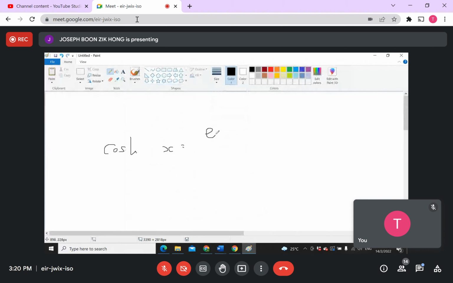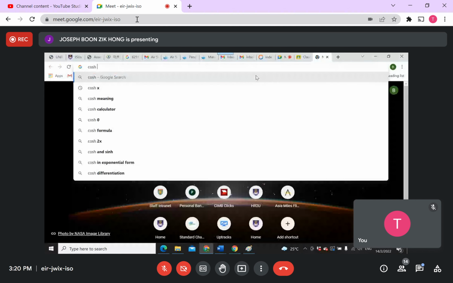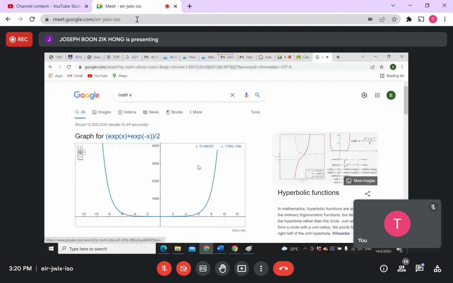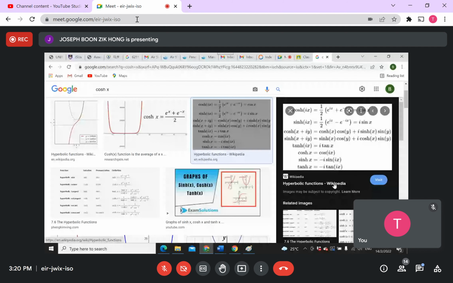Let me check, I can't remember the formula, but the formula is inside the notes. So cos hyperbolic x will be e^x plus e^(negative x), divided by 2. So it will be this formula.